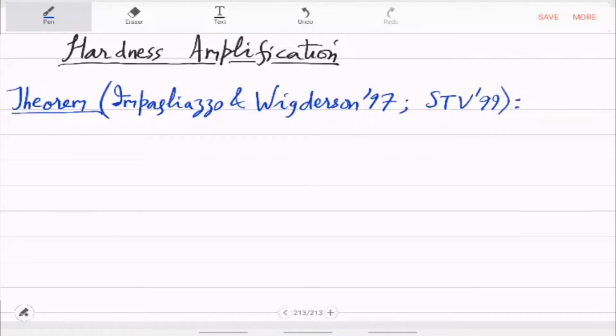This was an algebraic proof to amplify the hardness.